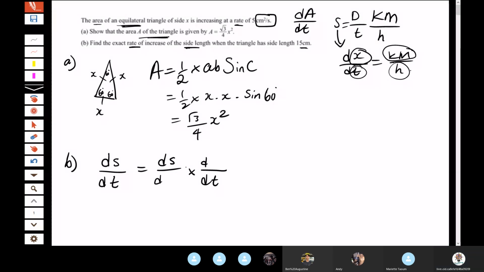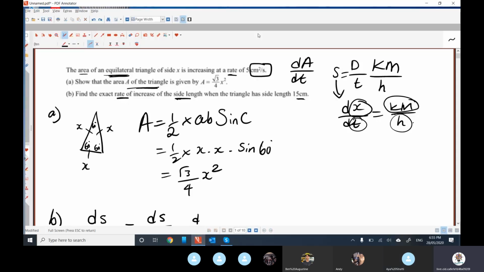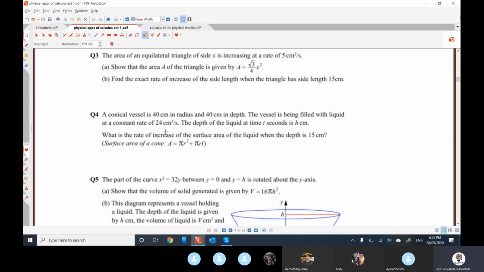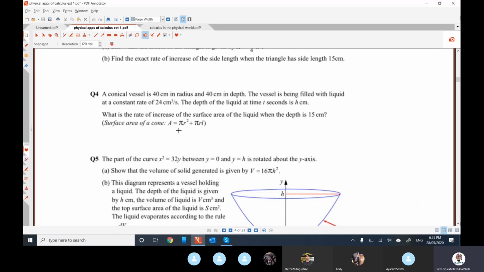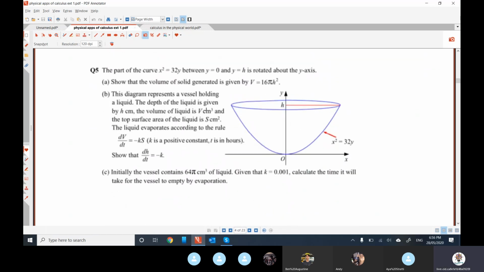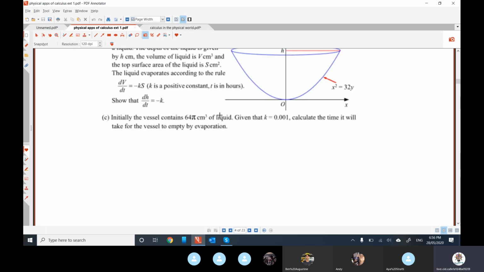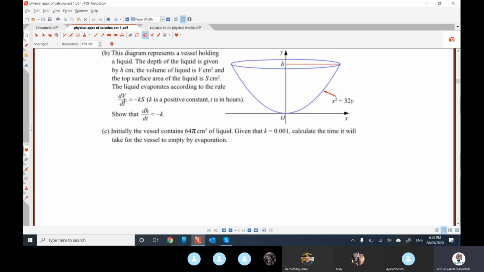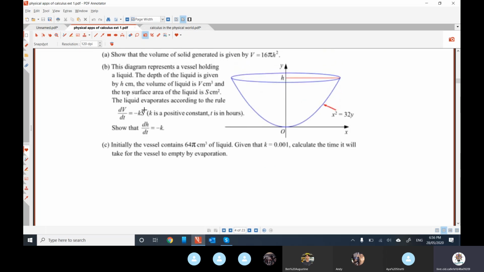Does that mean we'll only get those ones that you just wrote? Well, yeah. Okay, hold on. So here it is, 24 centimeters cubed per second. So already you know what you're going to do there, dV on dt. This one's a little bit harder. We're going to do it together. But they gave it to you. dV on dt is negative k.